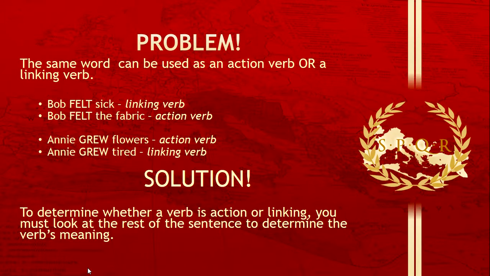Similarly, Annie grew flowers is an example of an action verb because she is engaged in the physical act of cultivating flowers. Whereas Annie grew tired is a linking verb because she's not actually doing anything, but it's telling us about her particular state of being. Now, in order to determine whether a verb is being used as an action verb or a linking verb, you have to look at the rest of the sentence in which it appears to determine the verb's meaning.